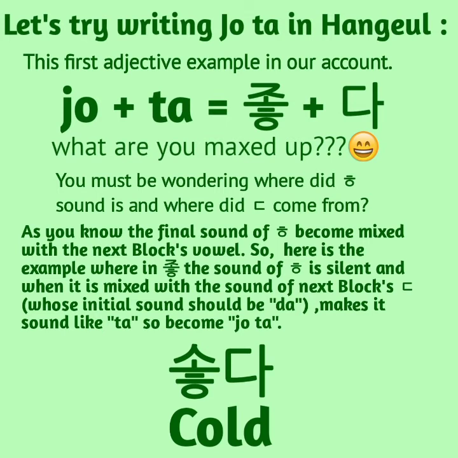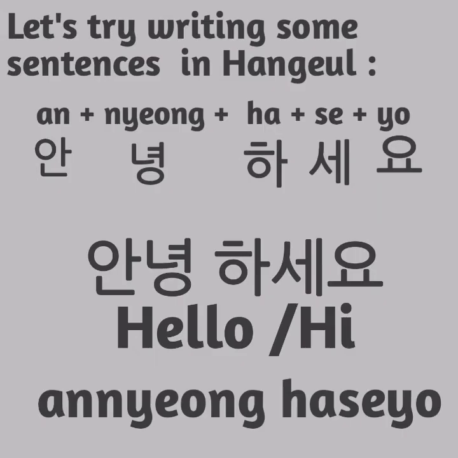So it is chotha, chotha. This is how we write chotha, and it means cold, or it is sometimes used as weather in Korean. Mostly we use it like chotha, it's cold.